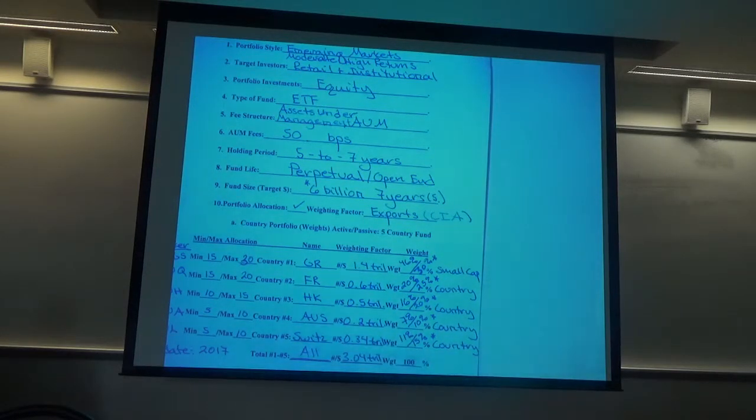Okay. So as I'm managing the portfolio over time, which we're not going to do, the valuations are going to change. And then, let's say all of a sudden Germany has a run on its equity markets, particularly at the small cap level. I want to set a cap so that I'm not totally overexposing to Germany.